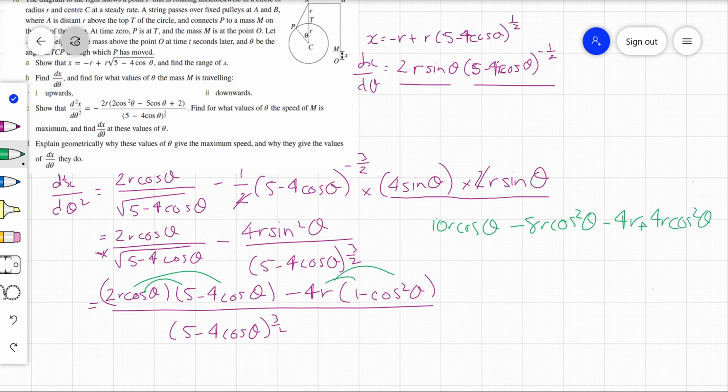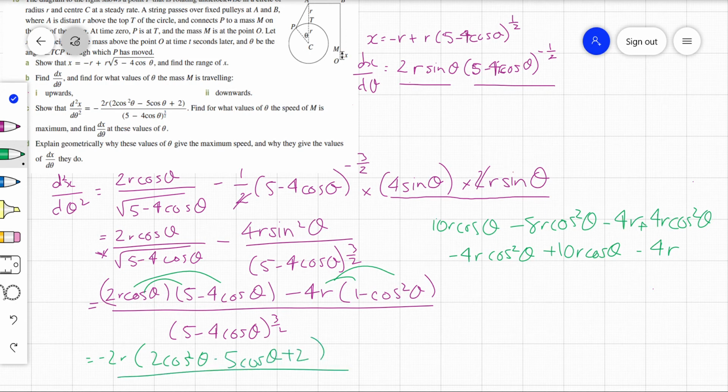So if I put that all together, I'm going to get minus 4r cos squared theta plus 10r cos theta minus 4r. And if we factorise by minus 2r, we would get 2 cos squared theta minus 5 cos theta plus 2 all over that bracket at the bottom.